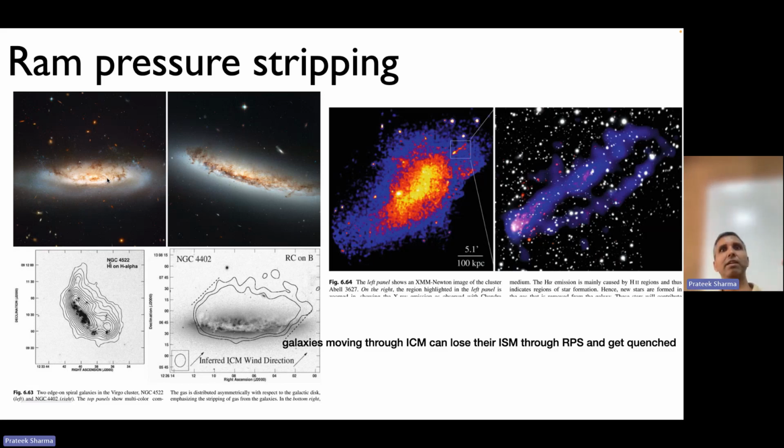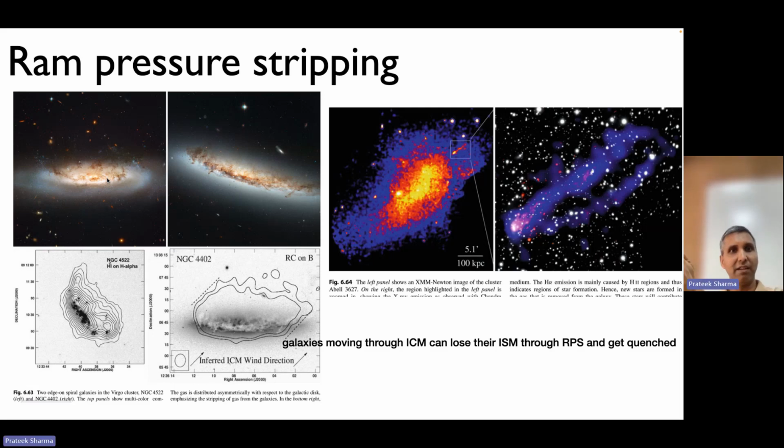There are other things also happening in galaxy clusters, something called ram pressure stripping. So if you have a spiral galaxy which is just falling into a galaxy cluster, it runs into this intracluster medium. It's reasonably dense, and as this galaxy is moving in, it is encountering this rho v squared ram pressure, and that can strip away matter from the interstellar medium of this galaxy.